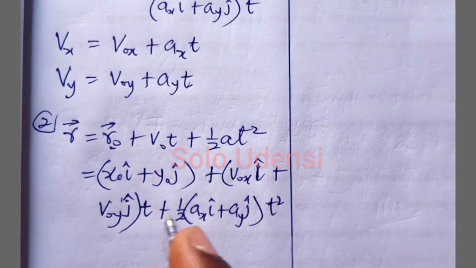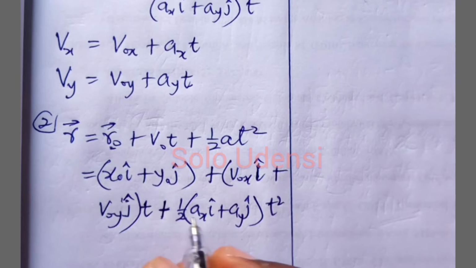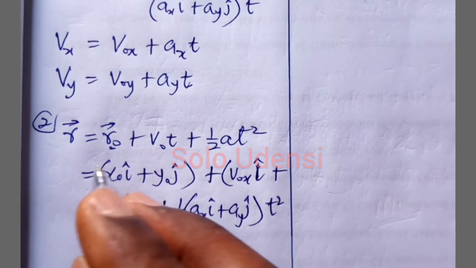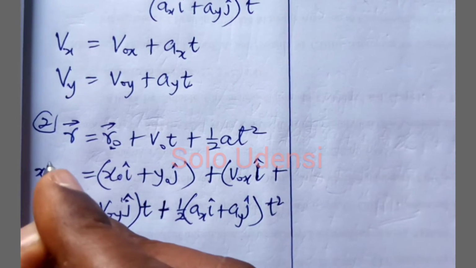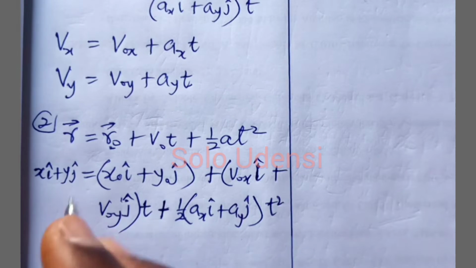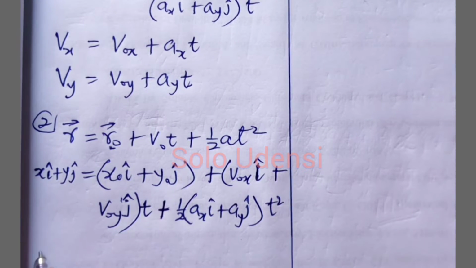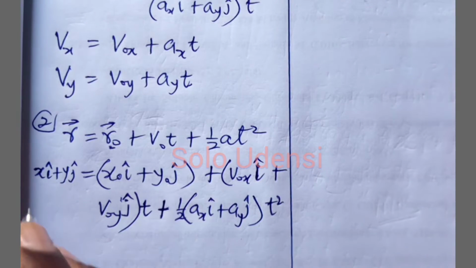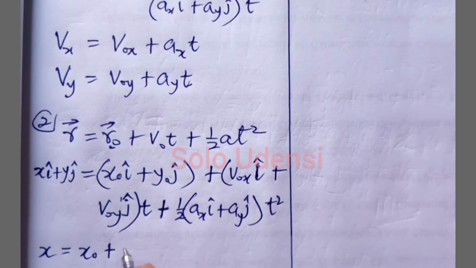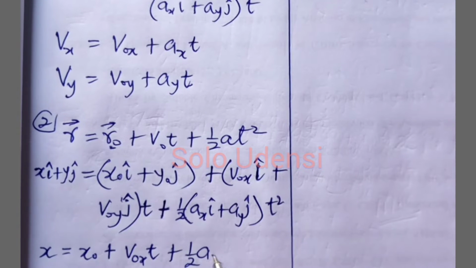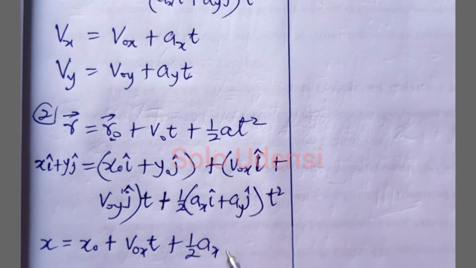So we can choose the components immediately, that's collecting like terms of i. Remember, on the left hand side we just have x i + y j. If we collect like terms for the i components, we have x = x0 + v0x t + half ax t squared.